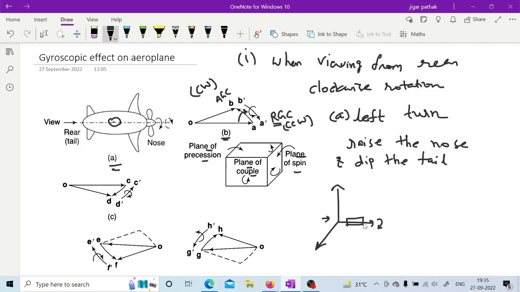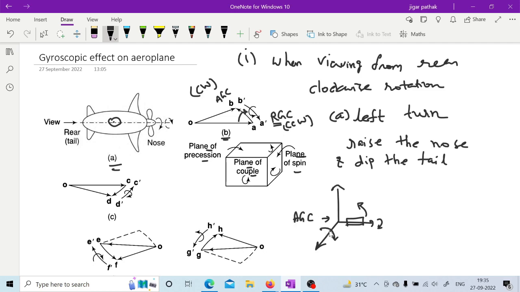What is going to happen when it takes a left turn is shown in this figure. The AB vector is the acceleration vector, which is in that direction, because it is generating a clockwise couple about this third axis. That is the active gyroscopic couple.